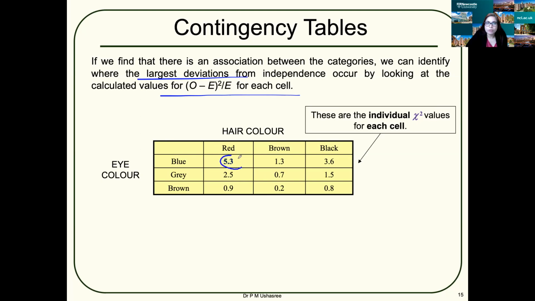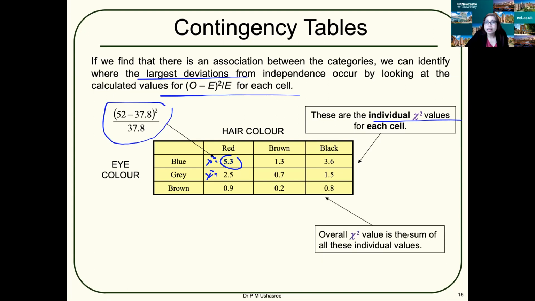If I take the individual chi-square values, each cell gives the chi-square value for each cross category, and this is how we calculated the chi-square for each cell. The overall chi-square value is the sum of all of these.